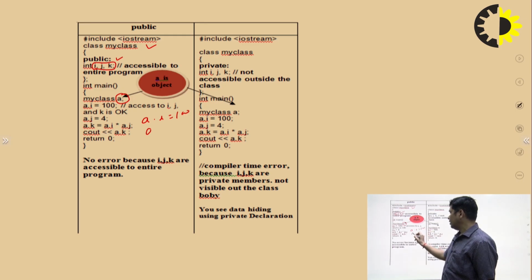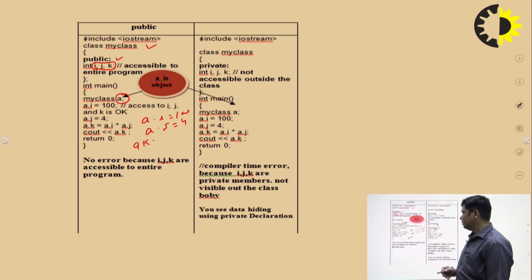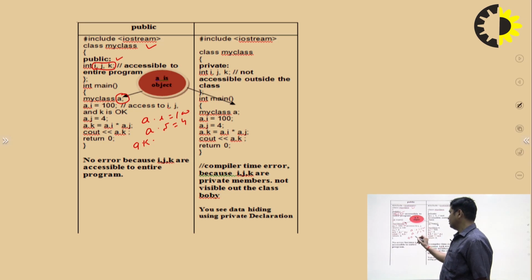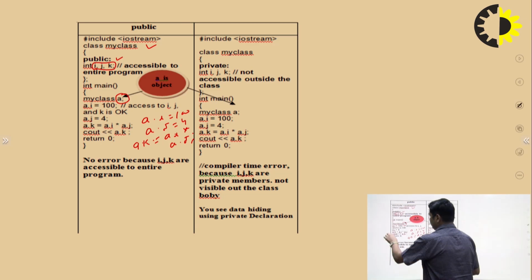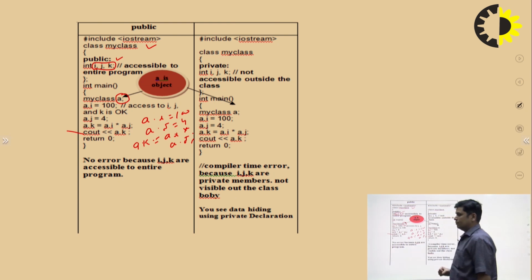Then I assign the value of J equal 4, and finally I am going to find the multiplication of I and J into the public variable K: A dot I into A dot J. Finally, I am going to print this value.